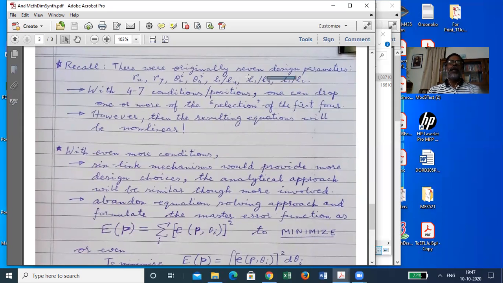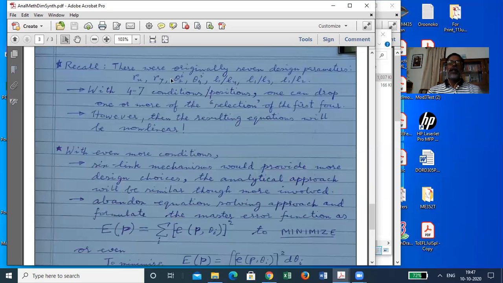So whatever it is, there are basically 7 design parameters, including these. In order to keep our task easier, we actually chose these 4, so that we got in hand a 3-position synthesis. Now, if you want a better design, then we don't choose them.